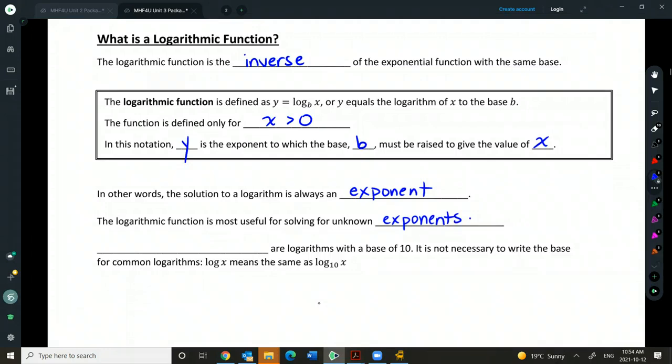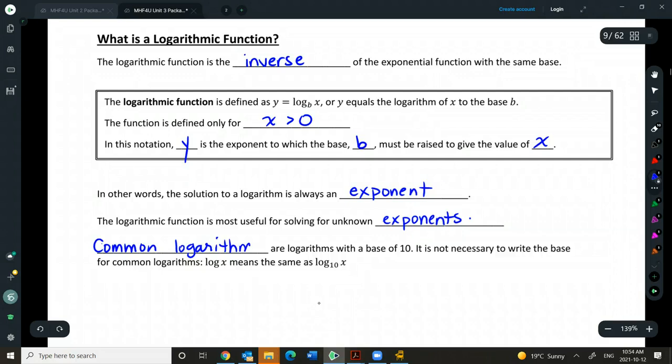Okay, and what we've been using so far from grade 11 is what we call the common logarithm. And it's a logarithm with base 10. So common logarithms are logarithms with base 10.